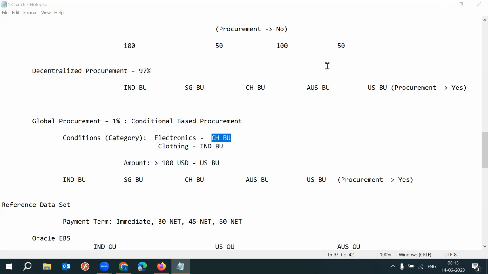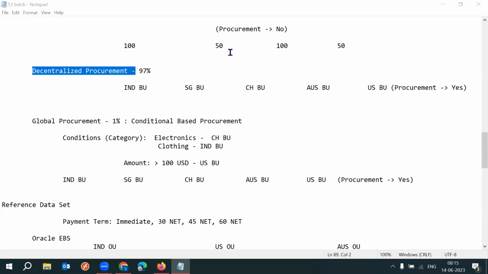That's a practical scenario, right? Anyhow, when we actually do it, if that is the case, then don't go with global procurement. You go with decentralized, and according to your situation, you select whatever you want.